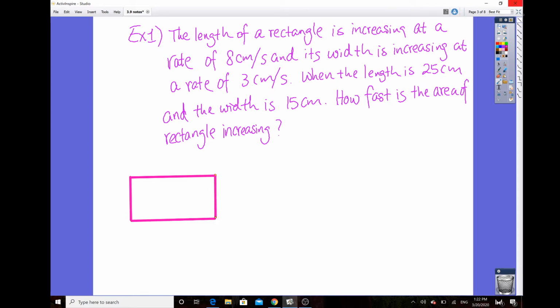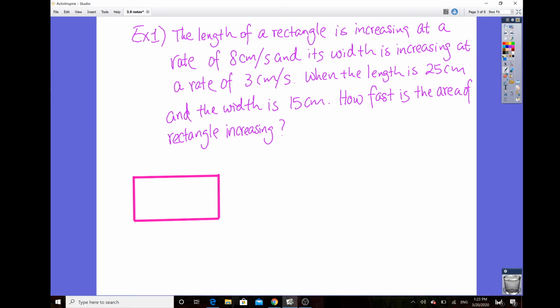It's a rectangle, and another thing we need is the length and the width. So we have a length here and the width right here. The length and the width can be changing at any time according to time. That means we can find dL over dt, which is the rate of change, and dW over dt.